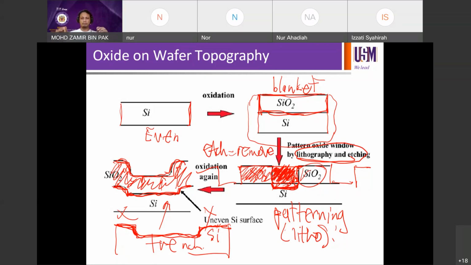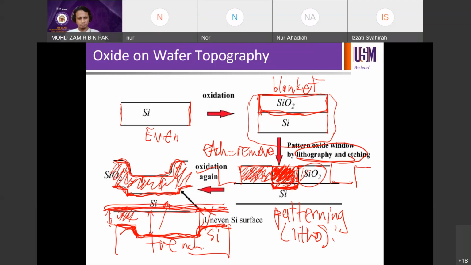It means oxide at all places will grow at the same rate, so that's why it will follow. If you have your trench like this, and suddenly you grow oxide, your oxide blanket, but it doesn't follow the underlying topology. You get a straight line. What does it mean? You get oxide like this. So here it's a bit thin, in the middle it's thick, and on the right it's thin again.